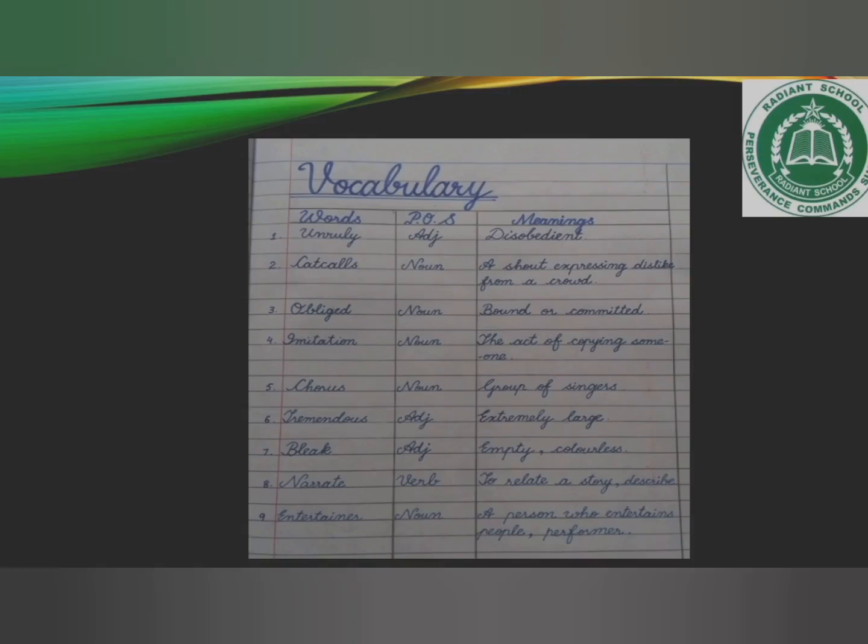A person who entertains people, or we simply can say a performer. So we will write the meaning of the word entertainer: a person who entertains people or performer. Students, write in neat handwriting and be careful about the spellings.